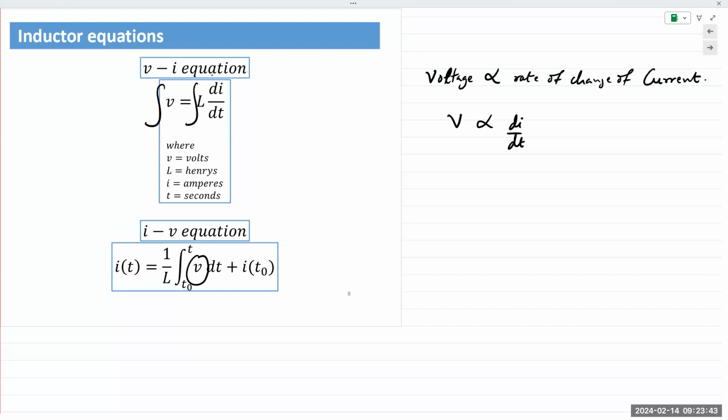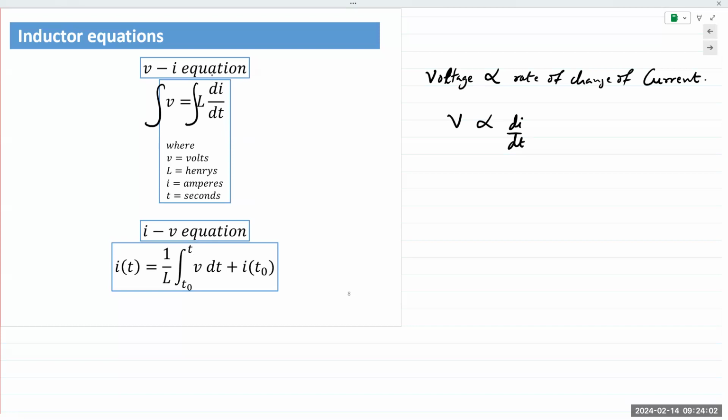Because you're integrating, basically you're summing up everything, each individual slice. So you sum up from the beginning to the end t.